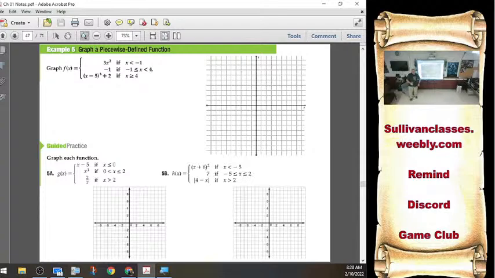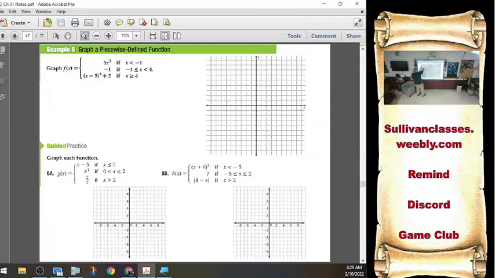So, if you can identify transformations, if you can graph based on transformations, or write an equation based on the graph, then the last few things to do are put it together with, we did piecewise functions before, but they were nice and easy. They were little things like a line over here and a line over there. Now, the piecewise function includes a quadratic, a constant, and a cubic, all in different areas.